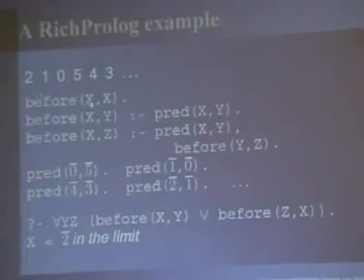But proving this sigma 2 sentence yields basically as a side effect the result of the computation, a value of x of the existentially quantified variable that satisfies this for all formula. So this cannot be expressed naturally in Prolog.